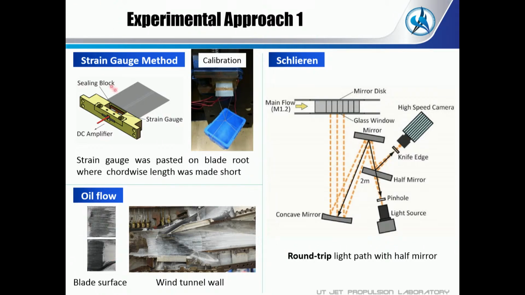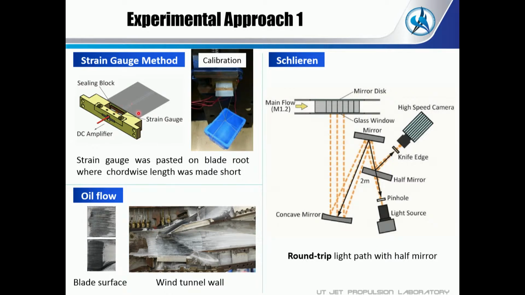This is the strain gauge method. I showed you this morning an all-type strain gauge system, but currently we use this type of system. The concept is similar, but there is a blade here, and this is a support. At the hub portion of each blade, we put the strain gauge on the blade.